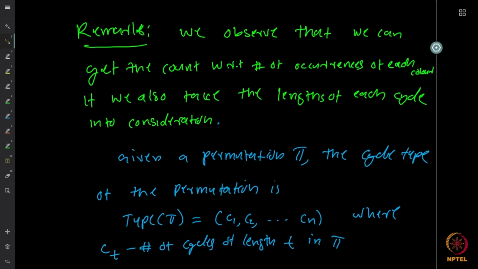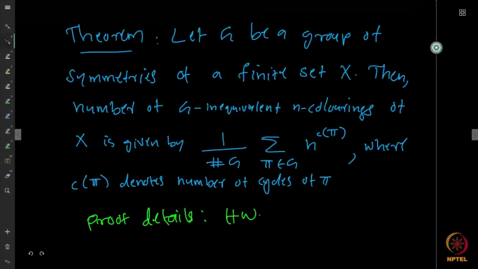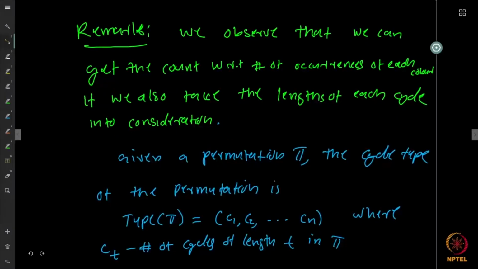This is something which we can do if you use the observation that we had in the previous result, that using the cycle structure of the permutations, we can count this, right? So if you include that also into the formula, then we should be able to clearly tell how many inequivalent colorings are there, where each color occurs a specified number of times, right?